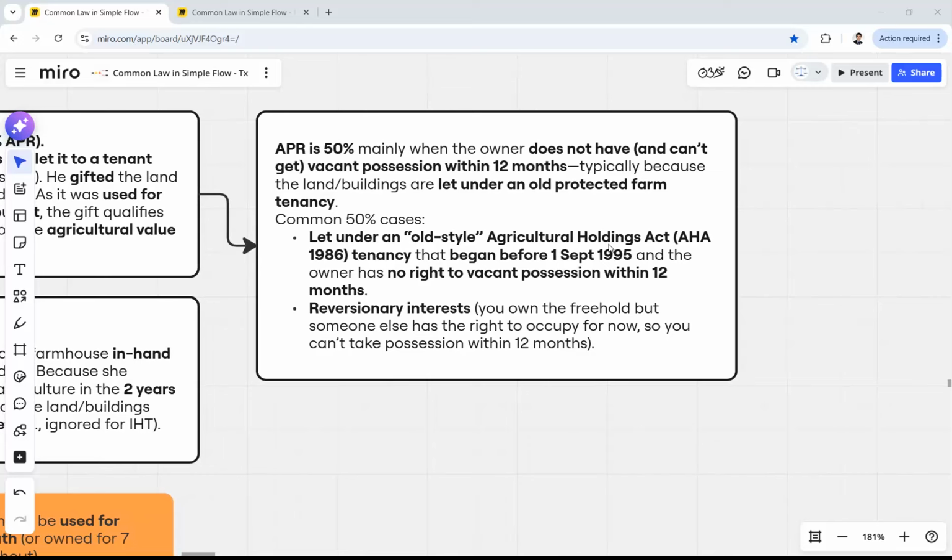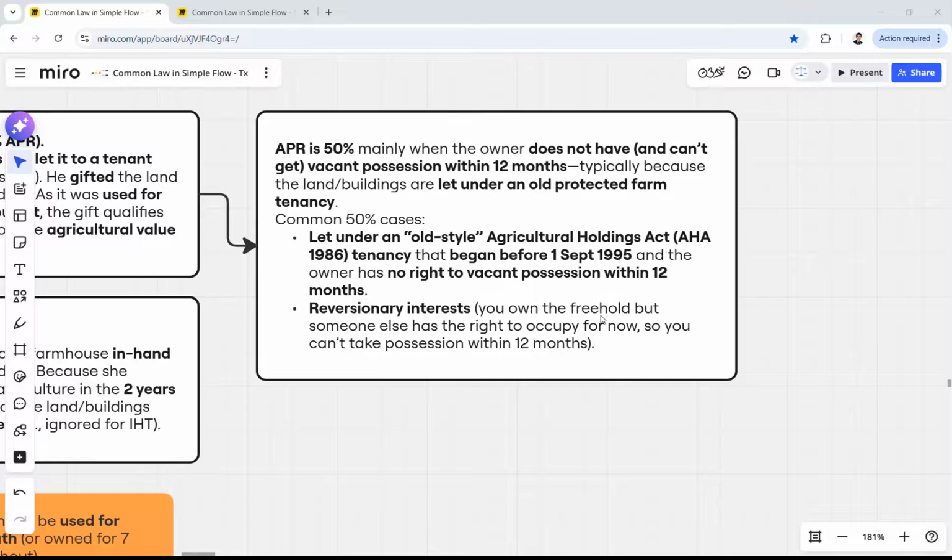If you don't have possession of the farmland, then you get only 50% APR. So you have the ownership, but you don't have possession because someone is leasing it. Common 50% cases are let under an old-style Agricultural Holdings Act, AHA, tenancy that began before 1st of September 1995, and the owner has no right to vacant possession within 12 months.